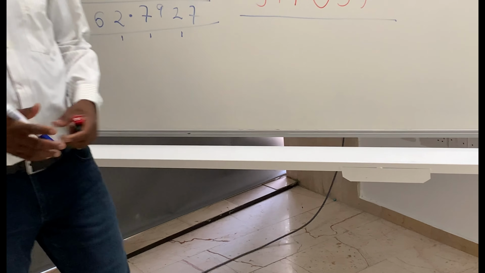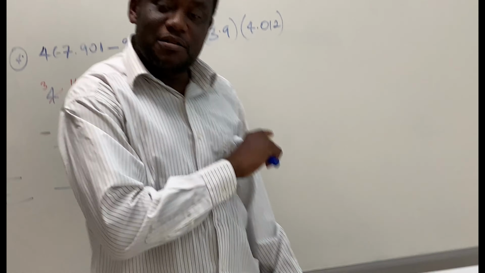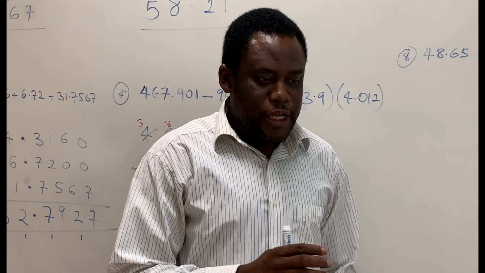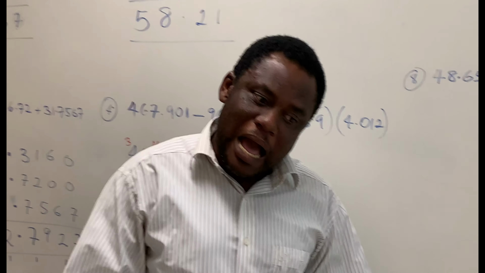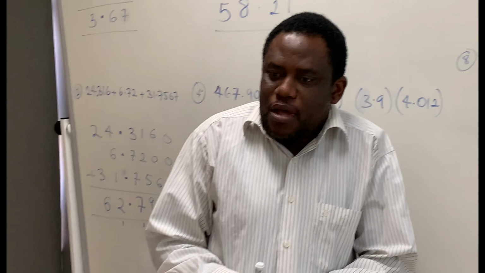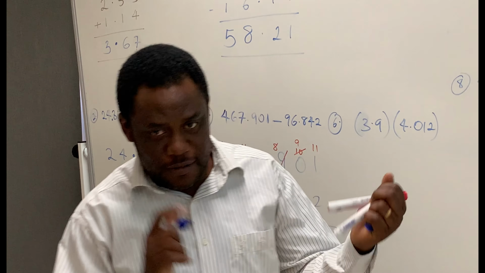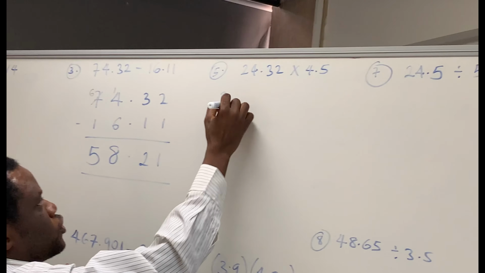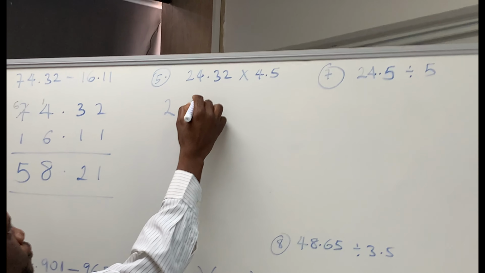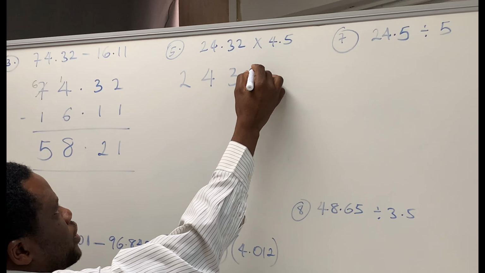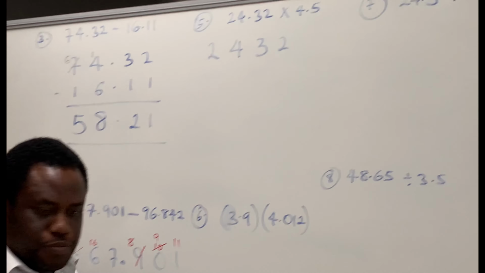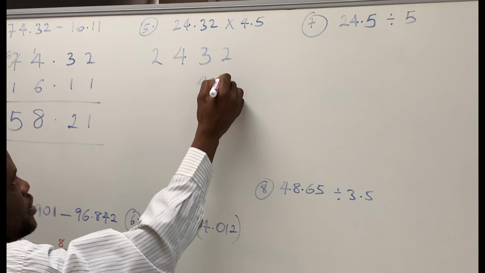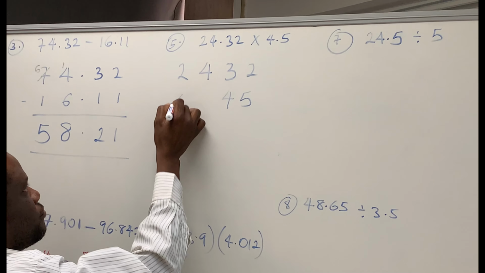Now multiplication. Multiplication is not the same as the others. We have to be very careful. It's good to multiply without the decimal, keep it somewhere, and add it later. This is very technical. The numbers we have here are 2, 4, 3, 2 multiplied by 45.